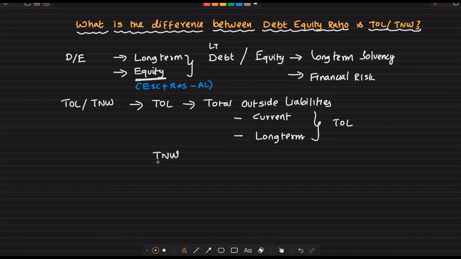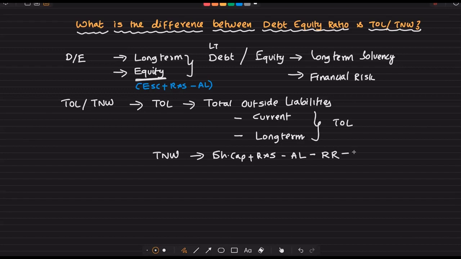But here, when we say tangible net worth, we are considering share capital. With that, reserves and surplus are added and accumulated losses are subtracted. In addition to that, if there are any revaluation reserves included in reserves and surplus, they are deducted.